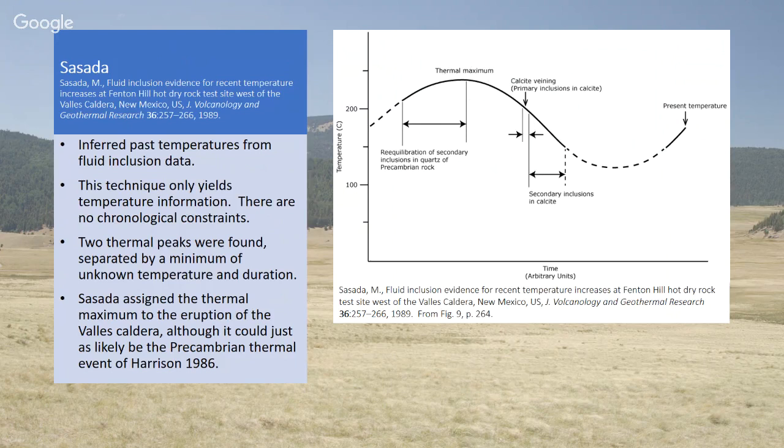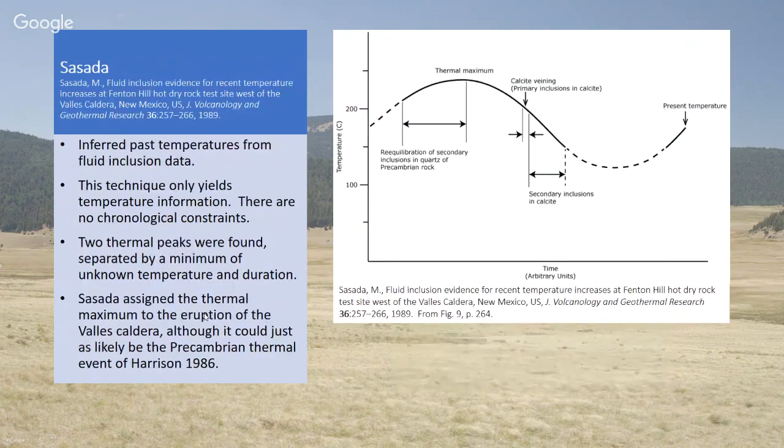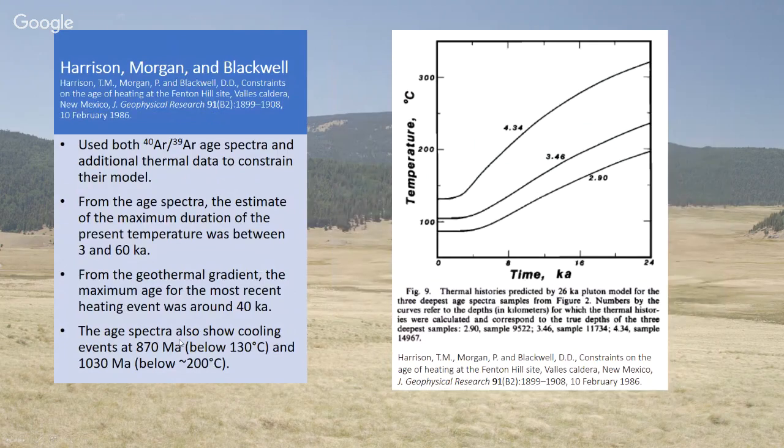But I just want to point out that it is equally possible, considering that Harrison, Morgan, and Blackwell noted these events in the age spectra, especially 870 million years ago or 1,030 million years ago at 200 degrees C, that this thermal maximum could easily correlate with these events and not the eruption of the Valles caldera.